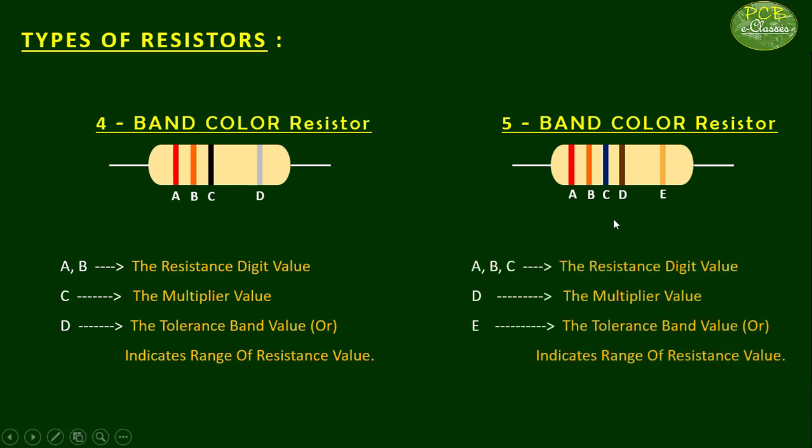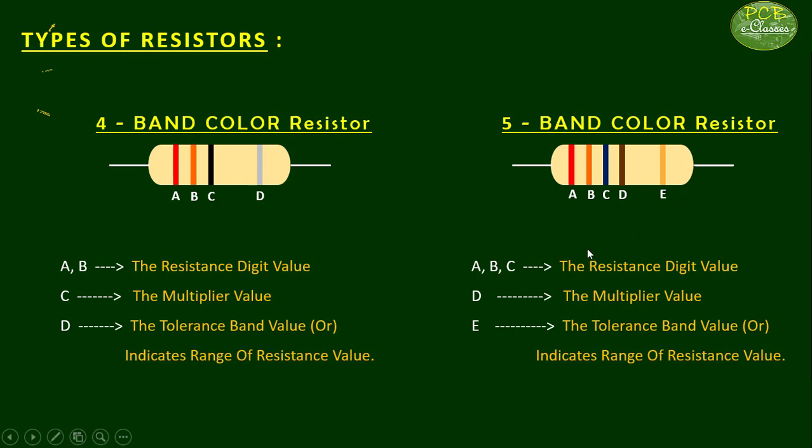For the 5-band, it's different. A, B and C, the first 3, give the digit value of the resistance, whereas D is the multiplier value, and E is a tolerance band, which we will discuss separately. Fine.